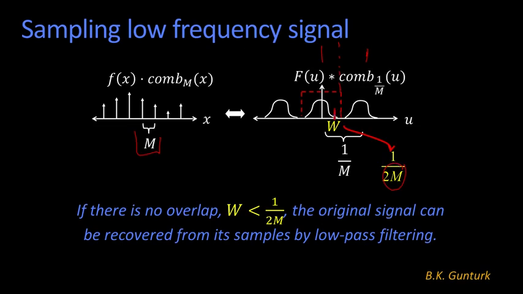If the maximum frequency of that function, let's say w, for bandwidth, is less than 1 over 2m, then I can reconstruct that original signal by looking at just this part. That is, nothing has contaminated that inner part. So if there's no overlap, if w is less than 1 over 2m, the original signal can be recovered from its samples by low-pass filtering, which we'll talk about in a minute.